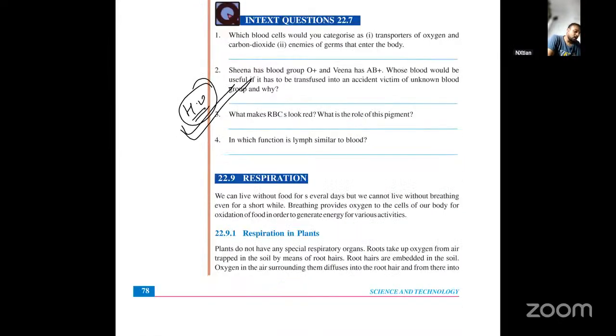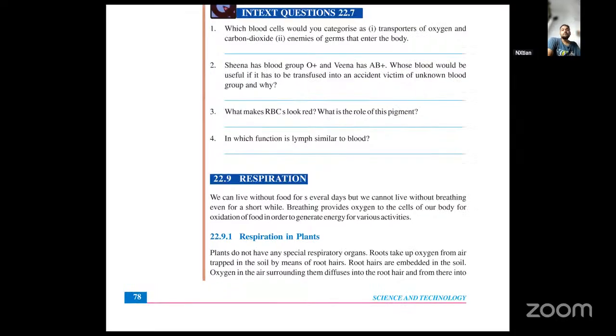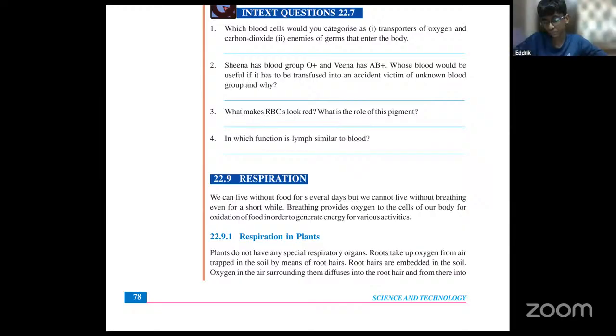Okay. Now, respiration. Anybody knows the difference between respiration and breathing? Sir, yes. Breathing is we just take in oxygen and release carbon dioxide.